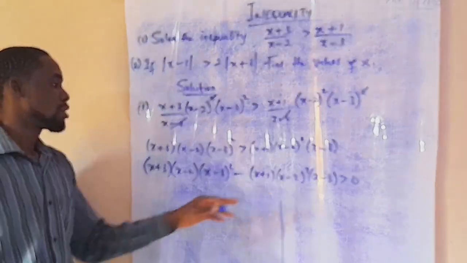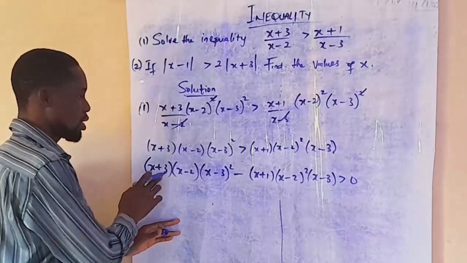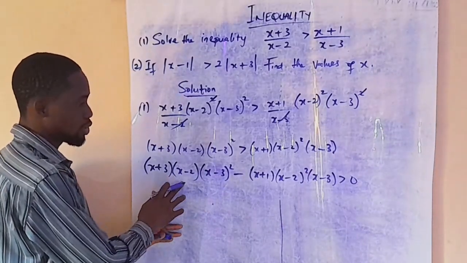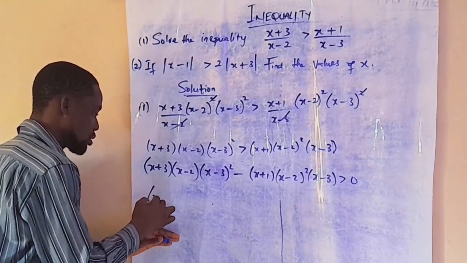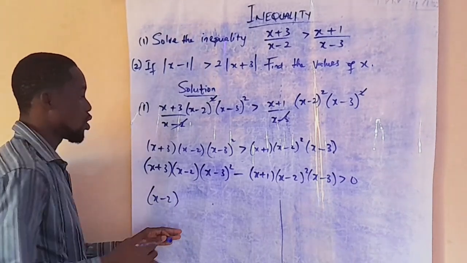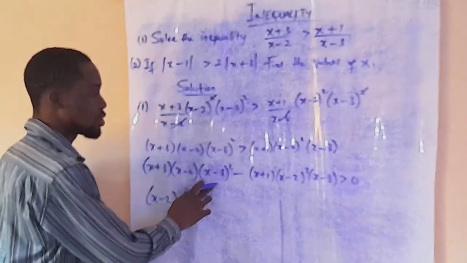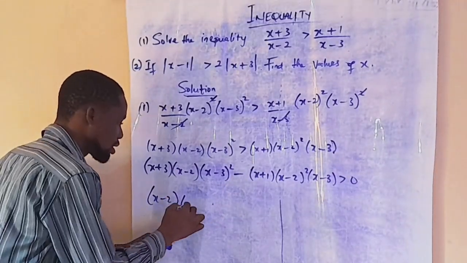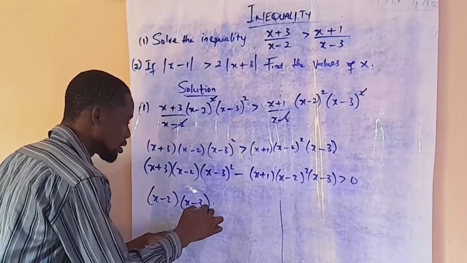From here, let's factorize. X plus 3 is not common. X minus 2 is there, so let's bring it out, x minus 2. Then x minus 3 is also there. Let's bring it out, x minus 3.